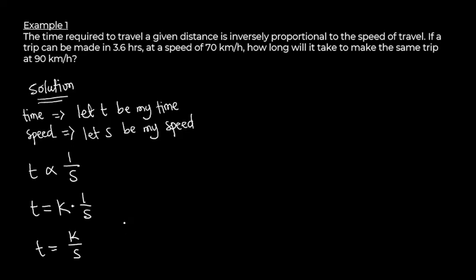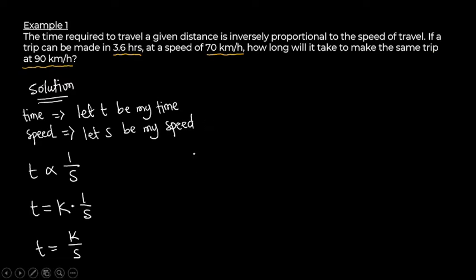So let's proceed. We've been told that if a trip can be made in 3.6 hours, let me use another color for that, at the speed of 70 kilometers per hour, how long will it take to make the same trip at 90 kilometers per hour?